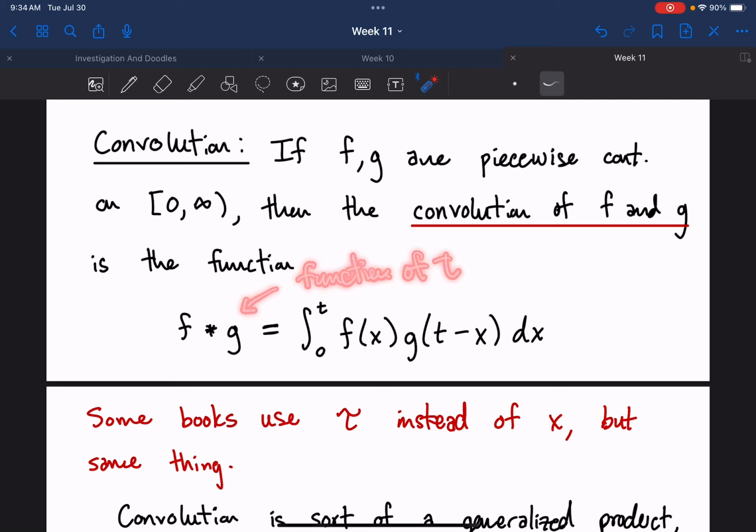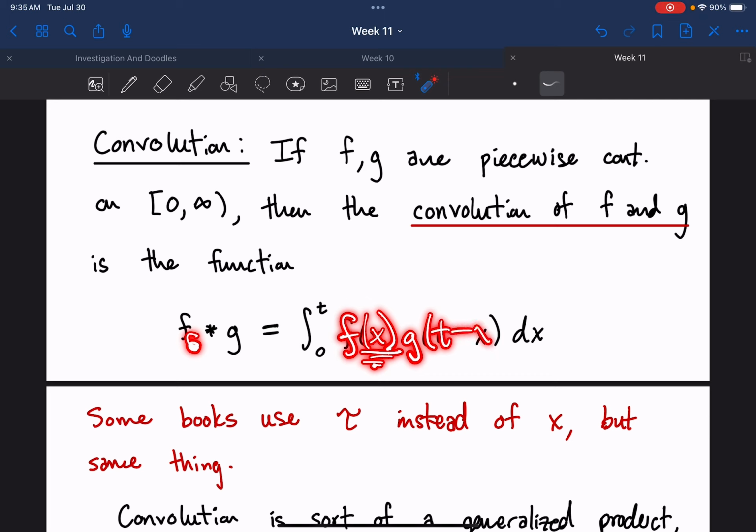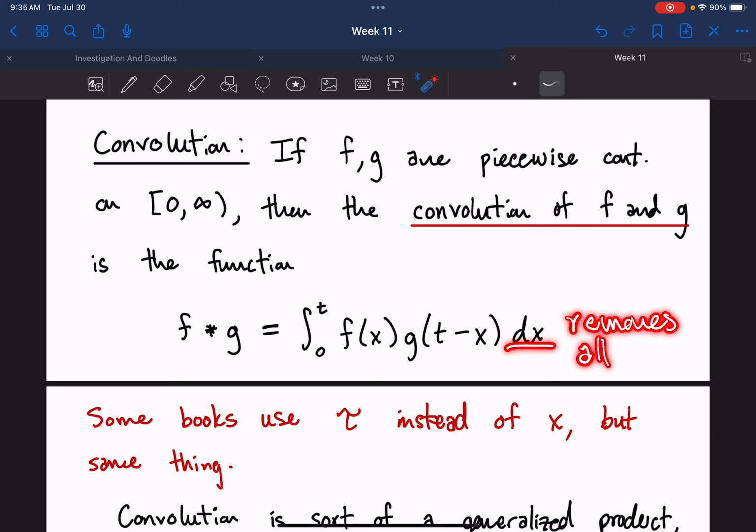This is defined as the integral from 0 to t, f, a function of x, so whatever f was before, make it a function of x. G, whatever it was before, make it a function of t minus x, dx. So this integral dx removes all x's, and we're just left with this t.